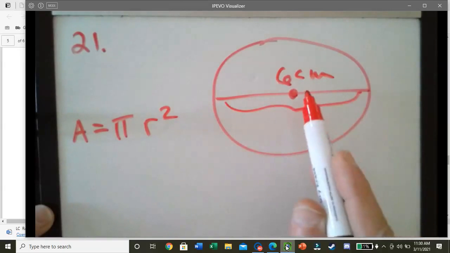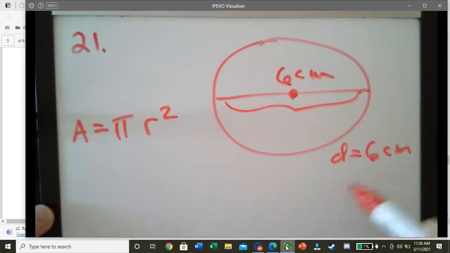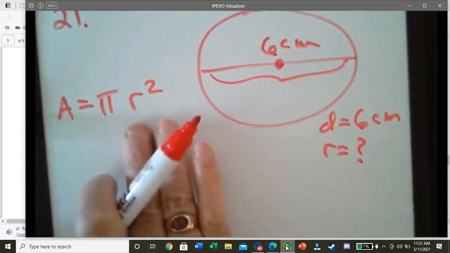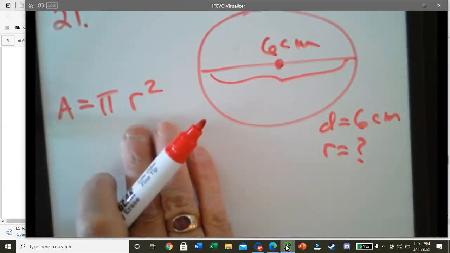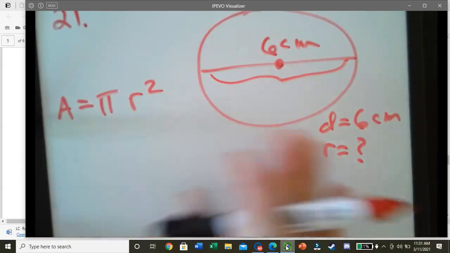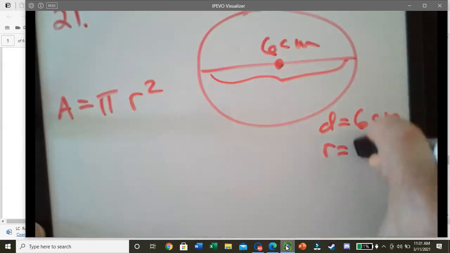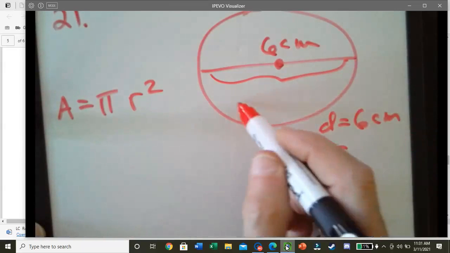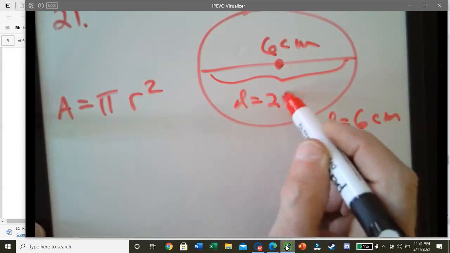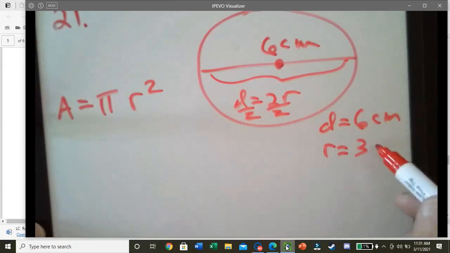Our diameter is 6 centimeters, but we need to figure out what our radius is before we can plug it into our equation, because our equation requires radius, but we've got diameter. So we divide by 2, because diameter equals 2 times the radius. So if we divide it by 2, we get 3 centimeters.